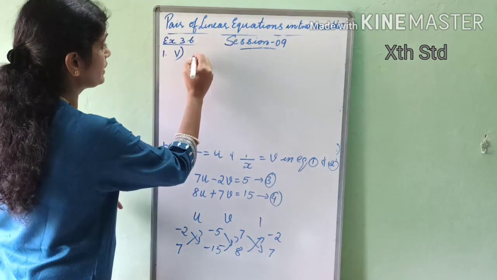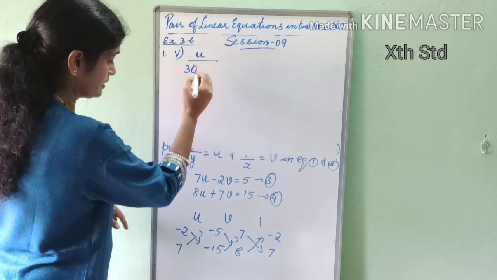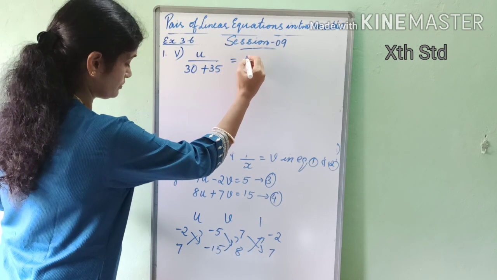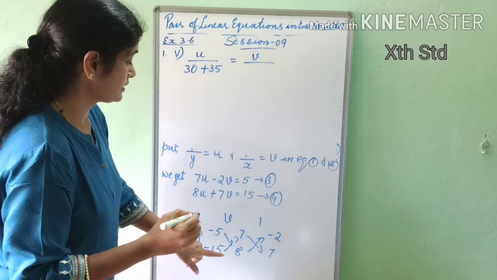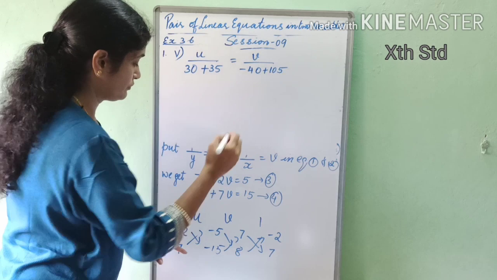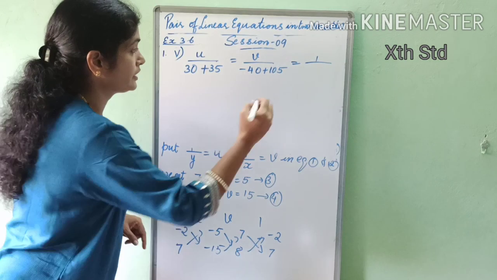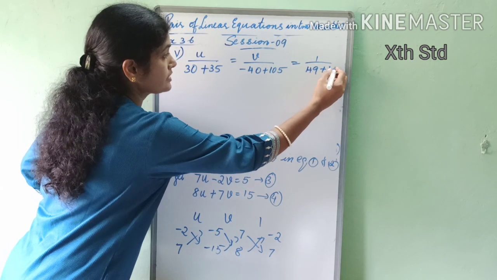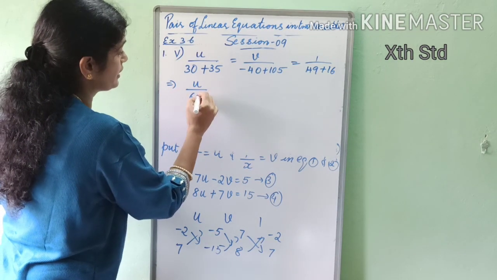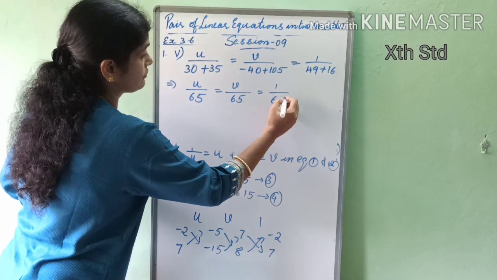So this will be u upon minus, into minus, this is 30, then minus plus 35, is equal to v upon minus 40 plus 105, is equal to 1 upon 49 plus 16, right? So this will be u upon 65, v upon 65, 1 upon 65.